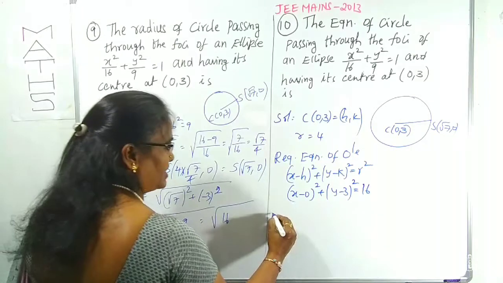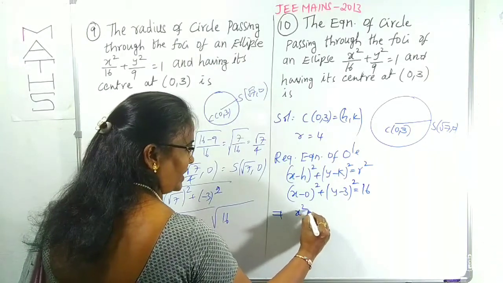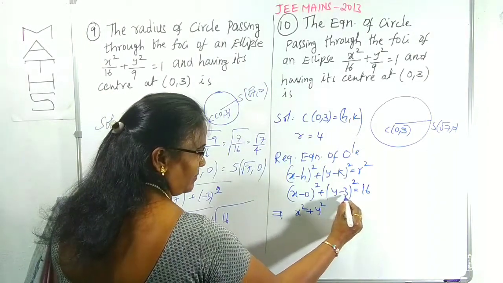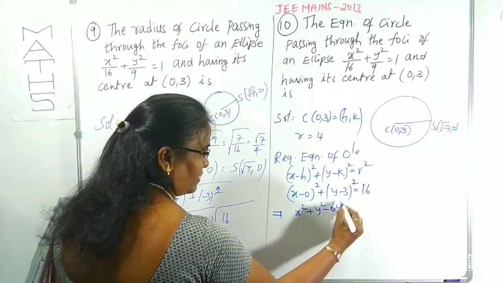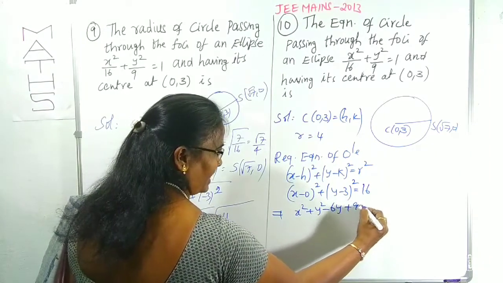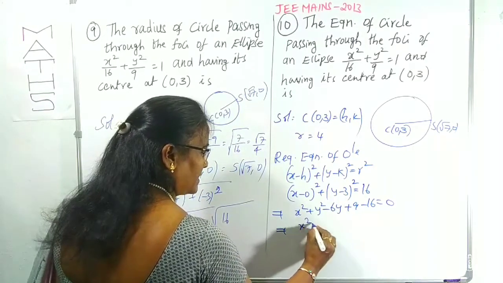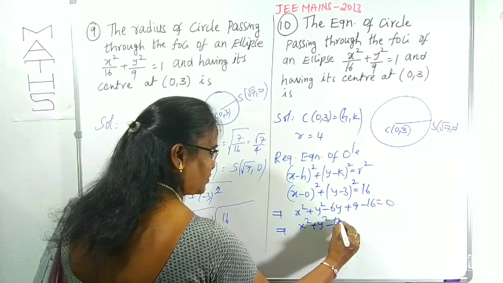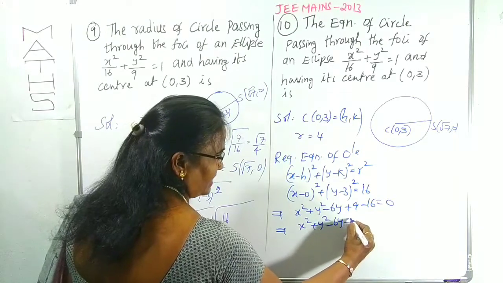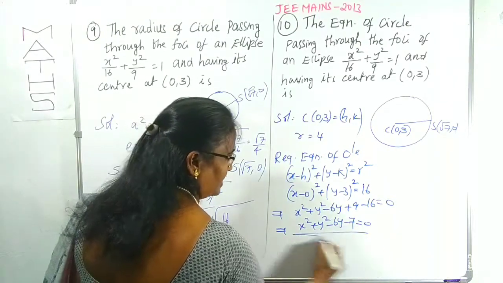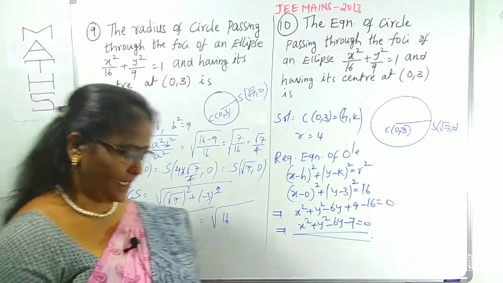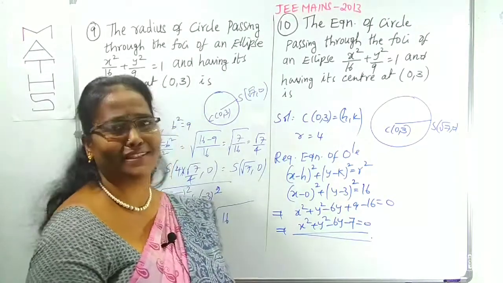By expansion, x square, y square, minus 6y, plus 3 whole square is 9, minus 16 equals 0. This is clearly x square plus y square minus 6y, 9 minus 16 is minus 7, equals 0. This is our required equation of the circle.